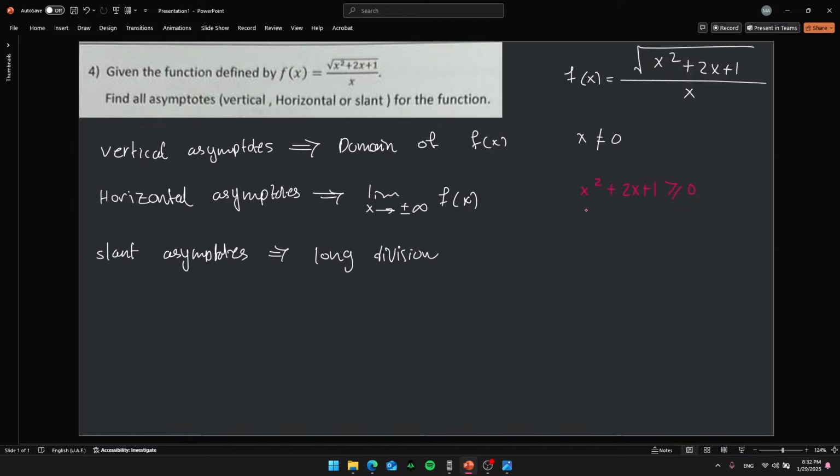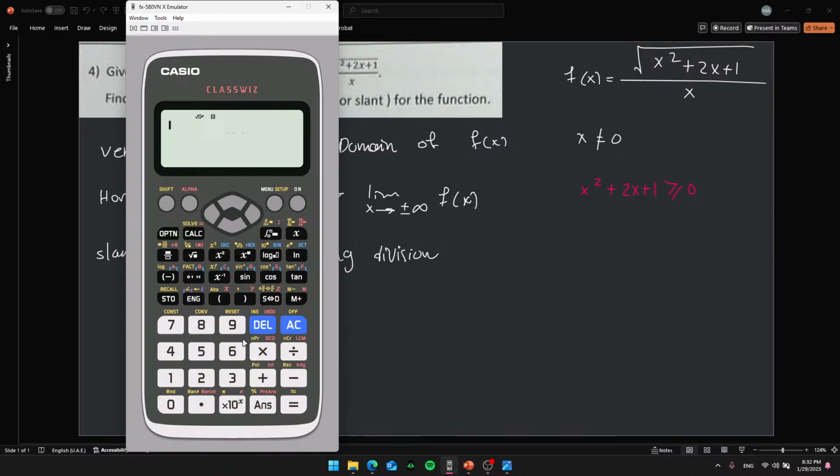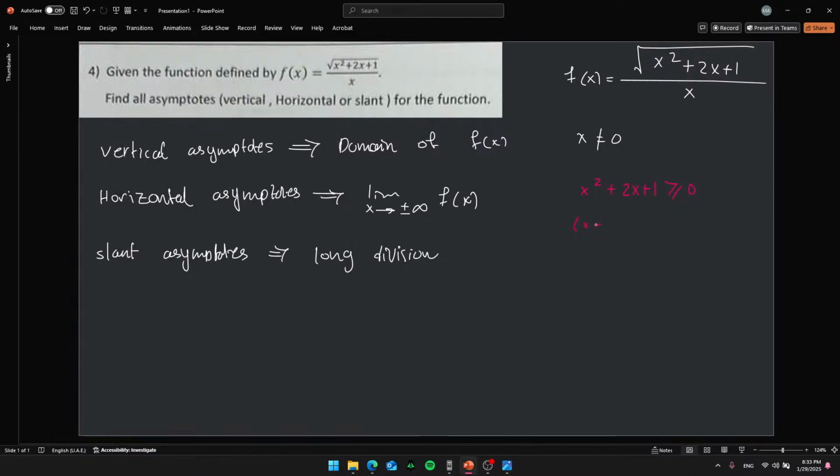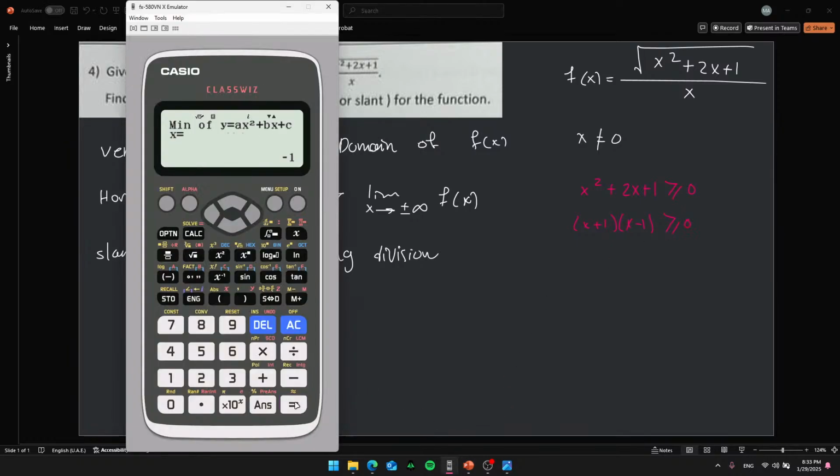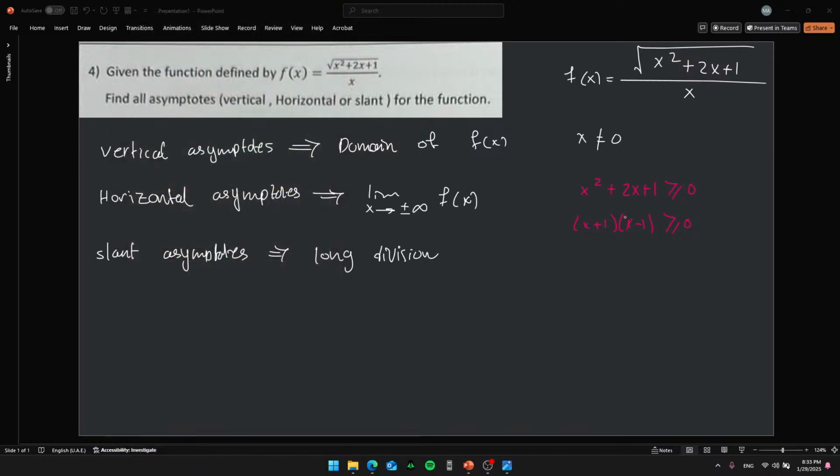Okay, now let's solve this. Factor first: x squared plus 2x plus 1 is x plus 1 and x minus 1, right? Wait, x minus 1 squared, sorry. x minus 1 squared.